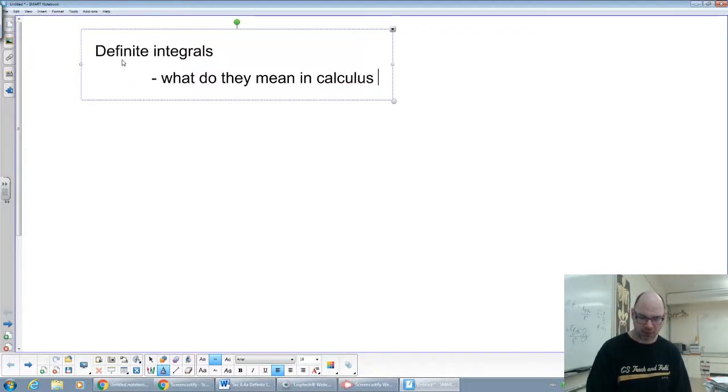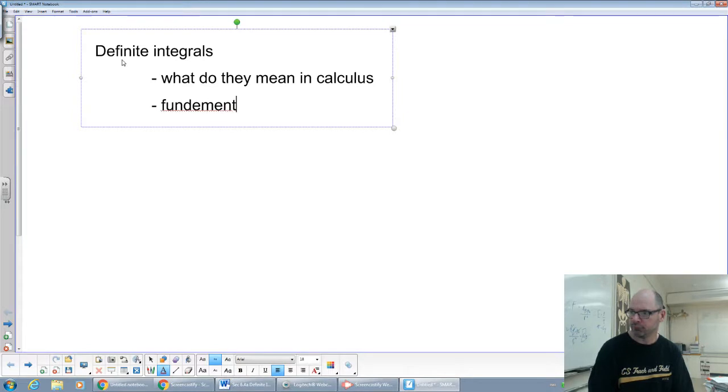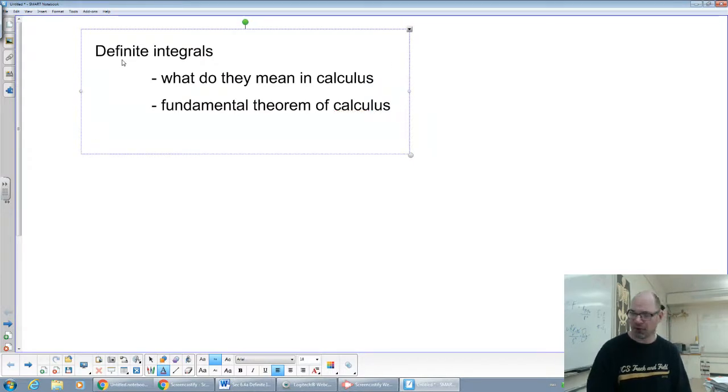We're going to be looking at the fundamental theorem of calculus, and we're going to be looking at just some examples. We won't do any practice till tomorrow. I'll leave that for tomorrow. Okay, of how we're going to use this definite integral thing.